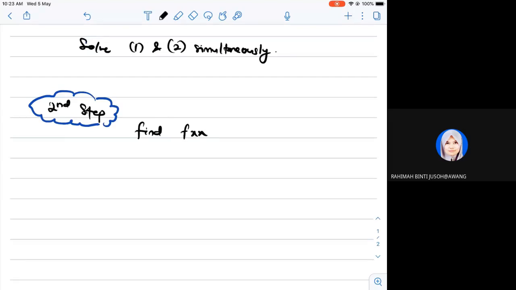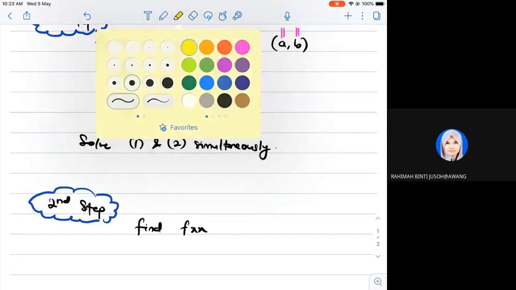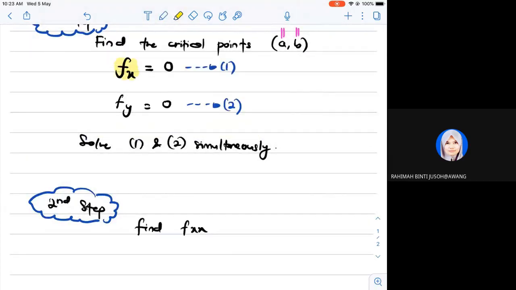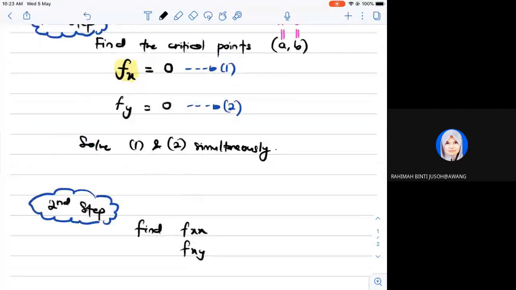Okay, means you have to differentiate again your fx here with respect to x. Okay, this is higher order partial derivative kan? Kita dah belajar hari tu kan? Topic 3.2. Okay, next you have to find fxy. So again, differentiate your fx with respect to y.